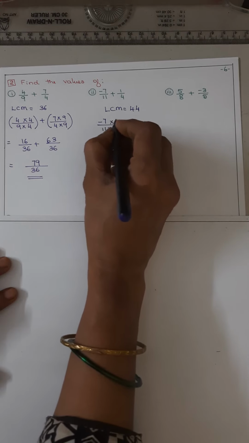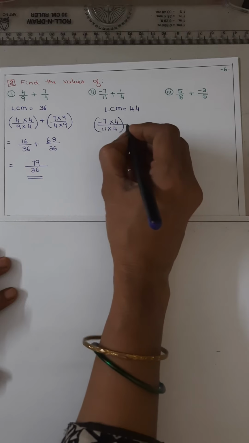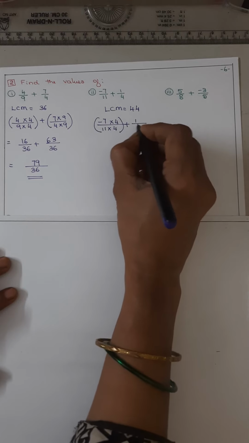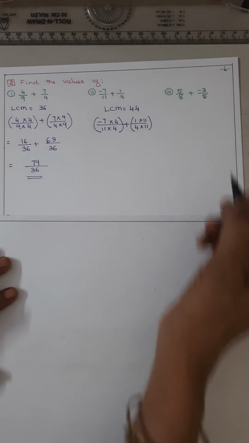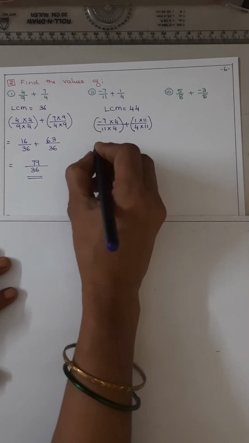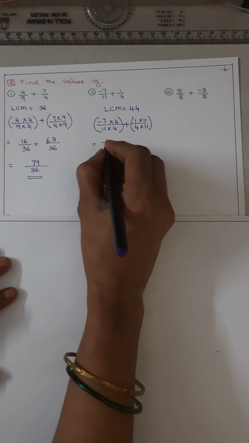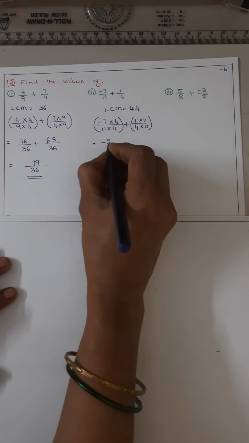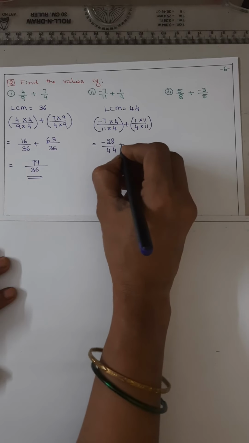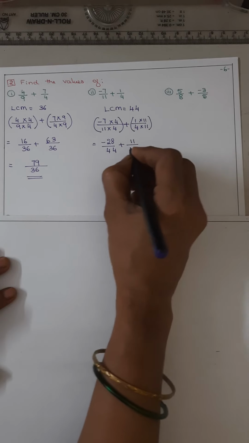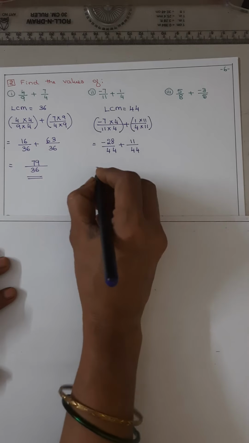Convert to 44, plus 1 by 4, multiply by 11 to convert to 44. So minus 7 fours are 28 by 44 plus 1 11s are 11 by 44.